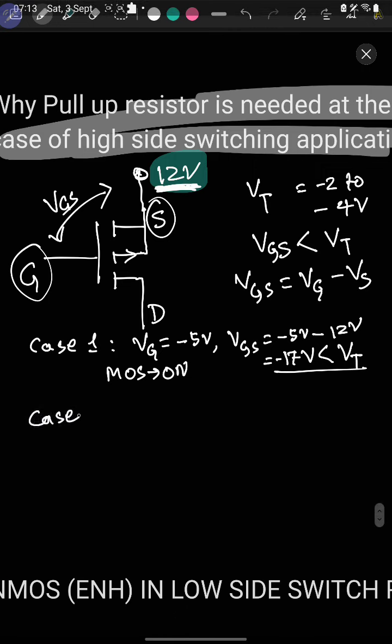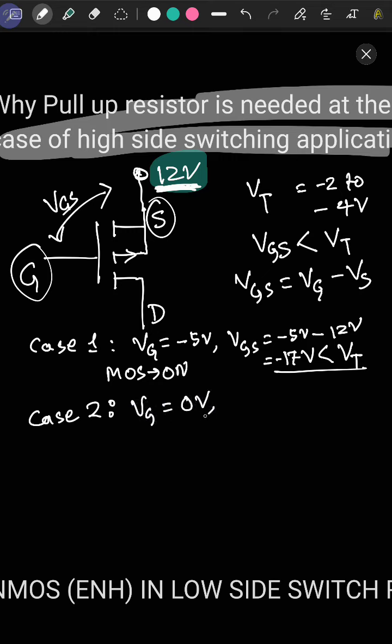Then there can be another case, when you apply VG equals 0 volt, or the gate terminal is simply left in a floating position.